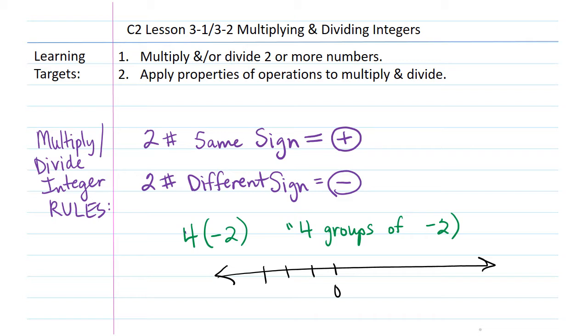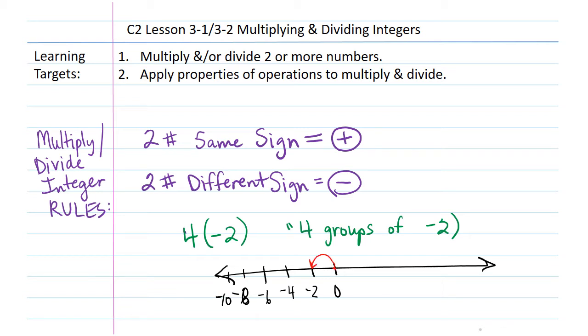If I went back by 2's, negative 2, negative 4, negative 6, negative 8, negative 10, that's how I would model it, starting at 0 and going back.